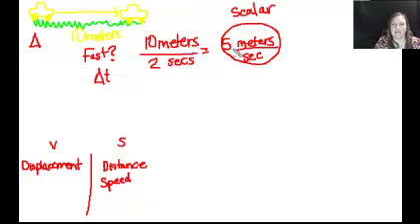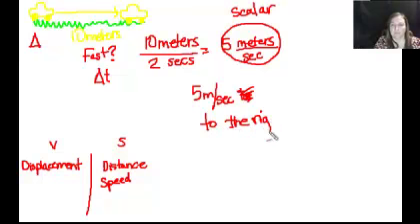But what if instead of just telling you that the car moved 5 meters per second, I told you that it moved 5 meters per second to the right. Now I've given you a magnitude of how fast it moved, along with the direction of that movement.